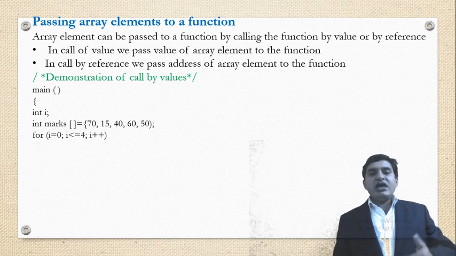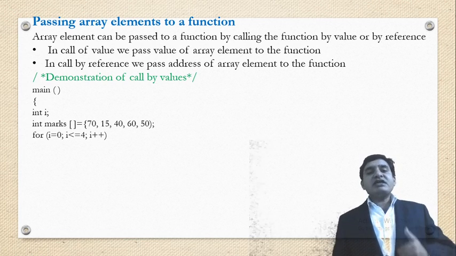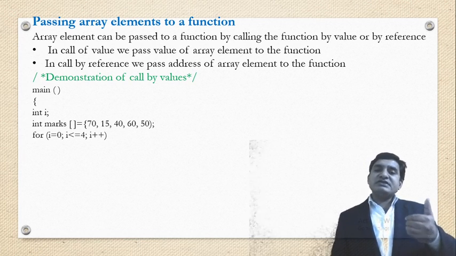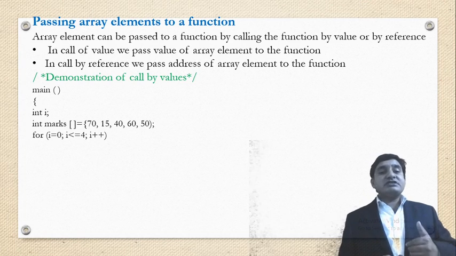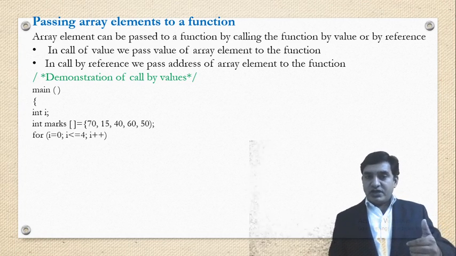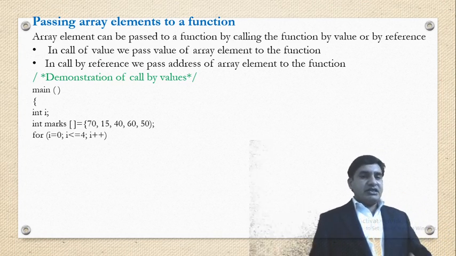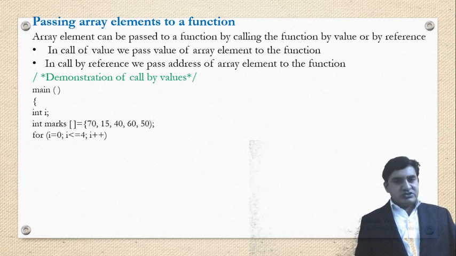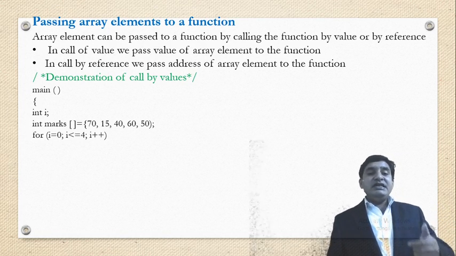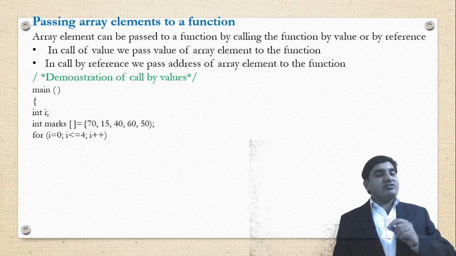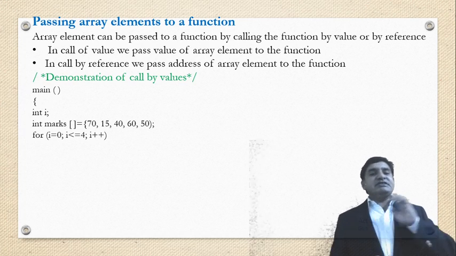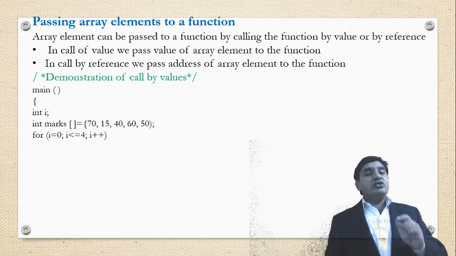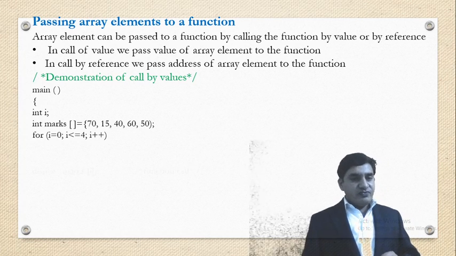Marks 2 has 40. Marks 3 has 60. And marks 4 has 50. So we use a for loop, and the initialization is i equal to 0, and then i is incremented up to i less than or equal to 4.